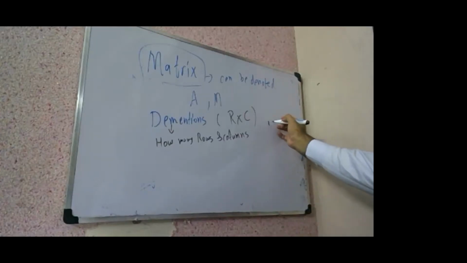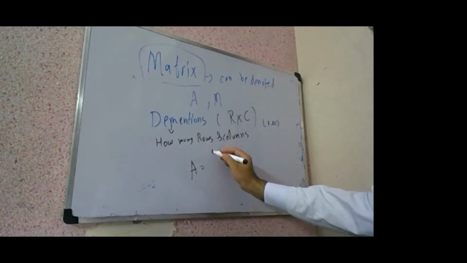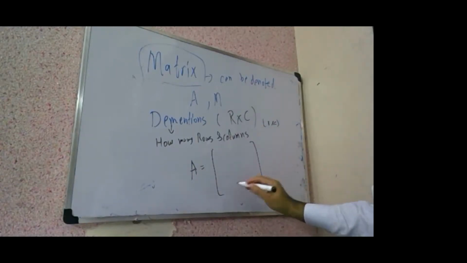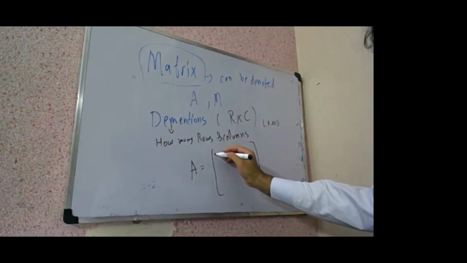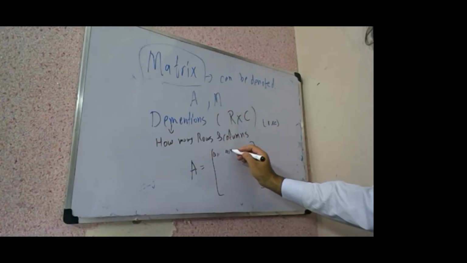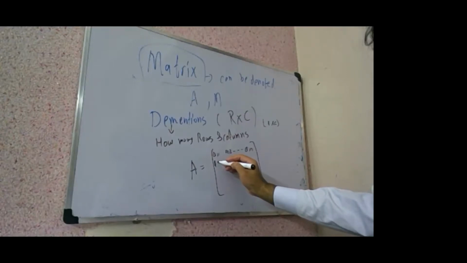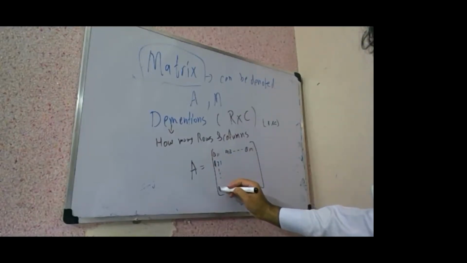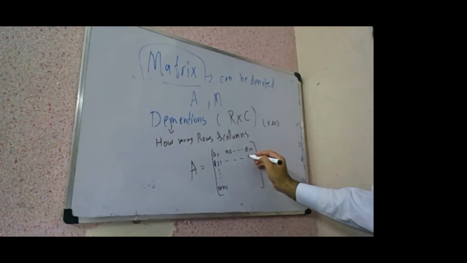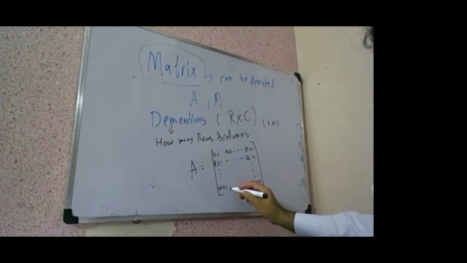We can also denote it by small r and small c when we are talking about a matrix. For example, I can say A is a matrix with many elements: A11, A12, so on, A1n, A21, so on, A2n, An1, so on.